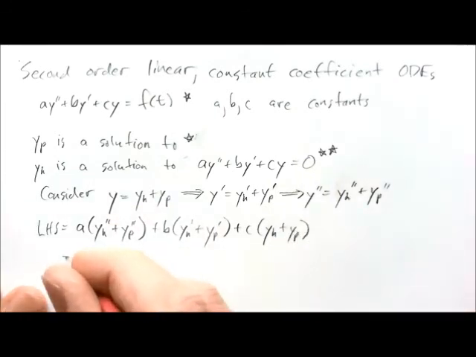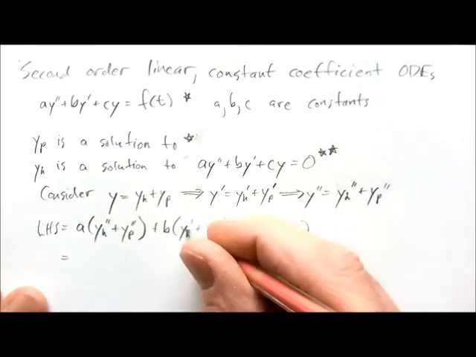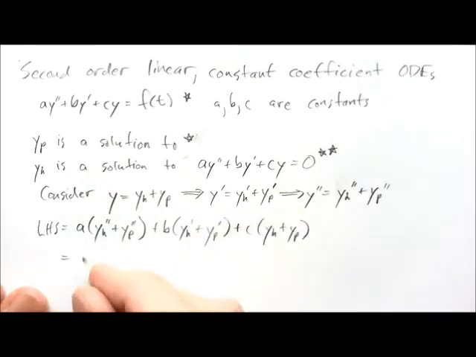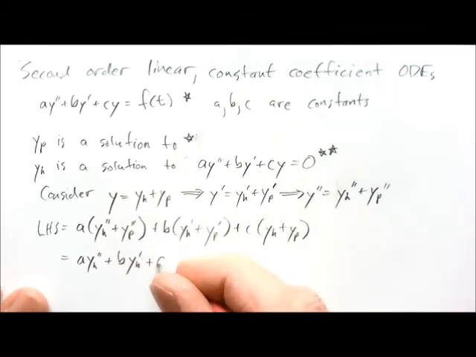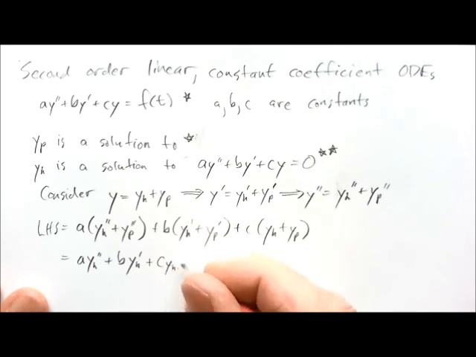Then we can distribute a, b, and c and rearrange the terms so that we have all the y sub h terms together and all the y sub p terms together. So we get a y sub h double prime plus b y sub h prime plus c y sub h.